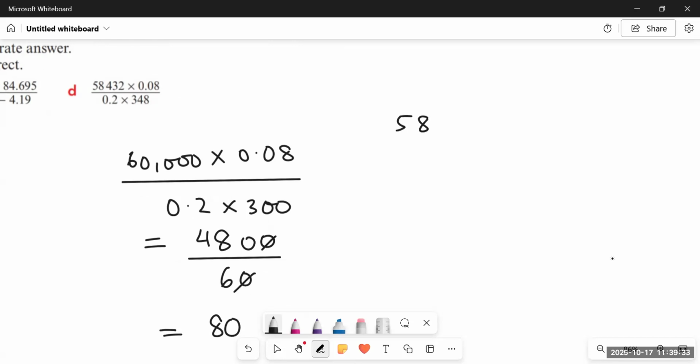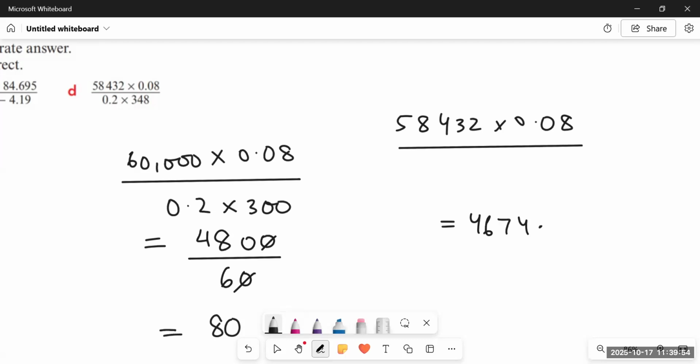So we just have to multiply 58,432 with 0.08, which is 4,674.54. And then we will multiply 0.2 with 348, which is 69.6.